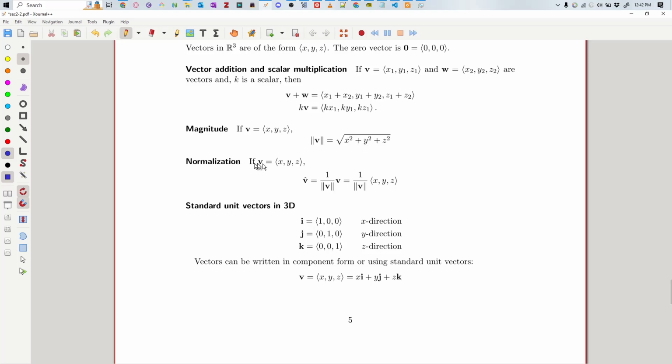For normalization, it's the same as in the 2-dimensional case. We want to divide by the magnitude of the vector to normalize it, to force the vector to have length 1. I'm using the notation hat to denote that; that should be the unit vector in the direction of v.